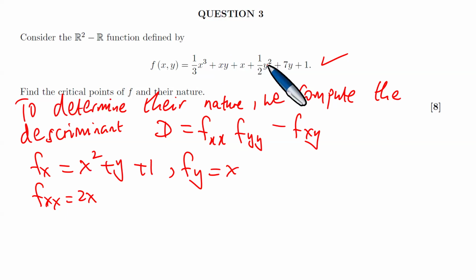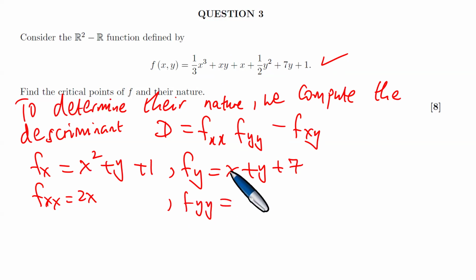With respect to y, this one is just y. Bring down 2, subtract 1 from the power. With respect to y, it is just 7. And then the derivative of this one is 0. But now we find the second one. Differentiate again with respect to y. So it's just going to be 1, because this is 0 and that is 0 with respect to y.